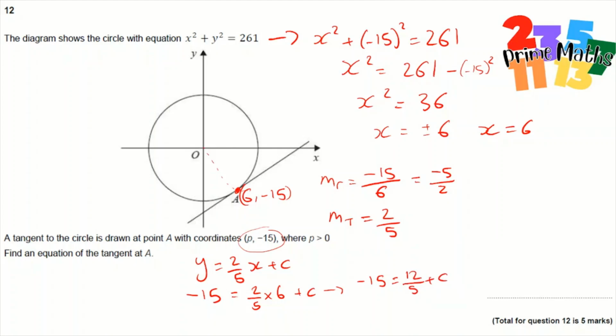And if I subtract 12 over 5 from both sides, I will find out what c is. 12 over 5 is 2.4, minus 15 take away 2.4 gives us that c is minus 17.4. That leaves us with y is equal to 2/5 x minus 17.4.